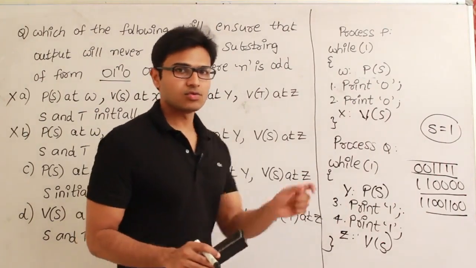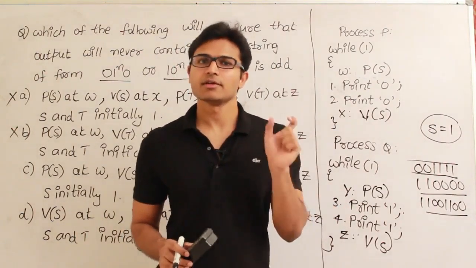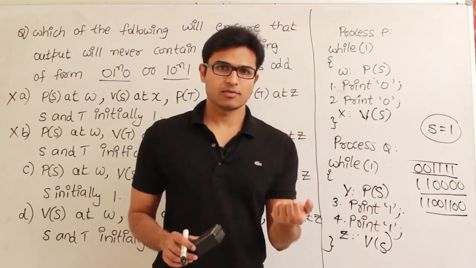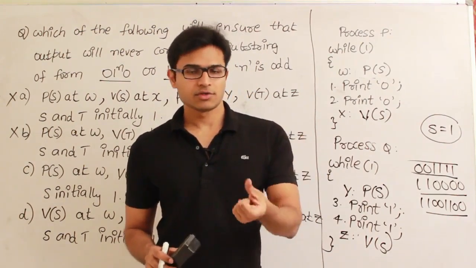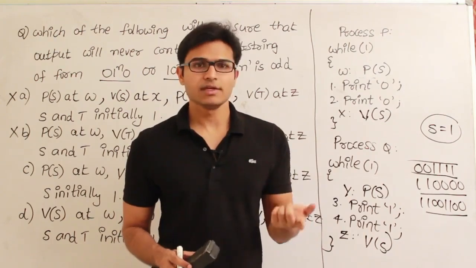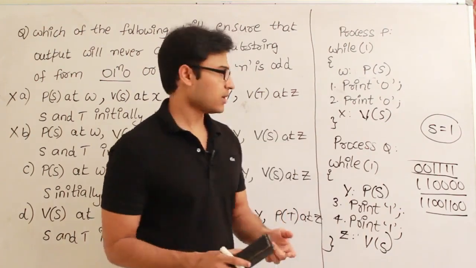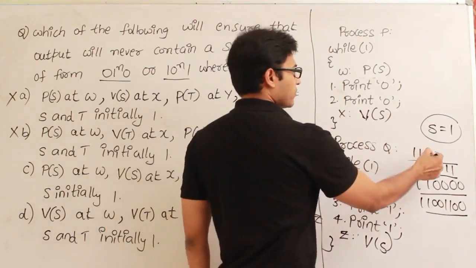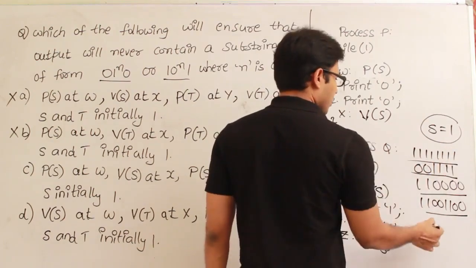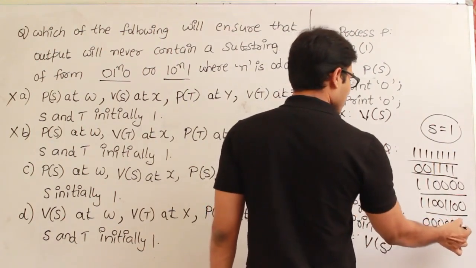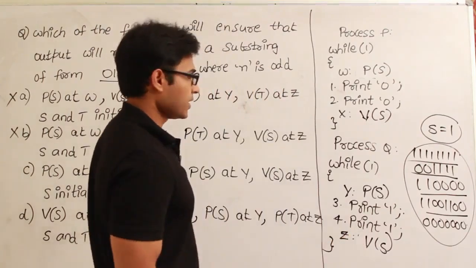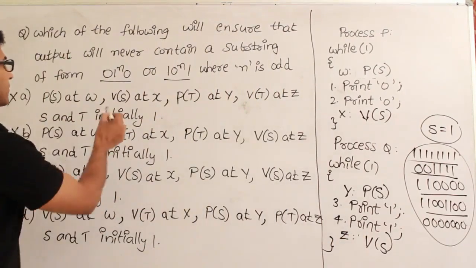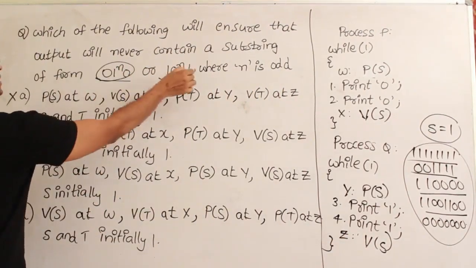So always two 1s will be there or two zeros will be there. Therefore there will always be an even number of 1s followed by an even number of zeros, or an even number of zeros followed by an even number of 1s, or plainly an even number of 1s or an even number of zeros. Even 1 1 1 1 1 1 1 1 or 0 0 0 0 0 0 0 0 is also possible. Anyway, you will never see anything like 1 0 and these two. You will never see anything like this.